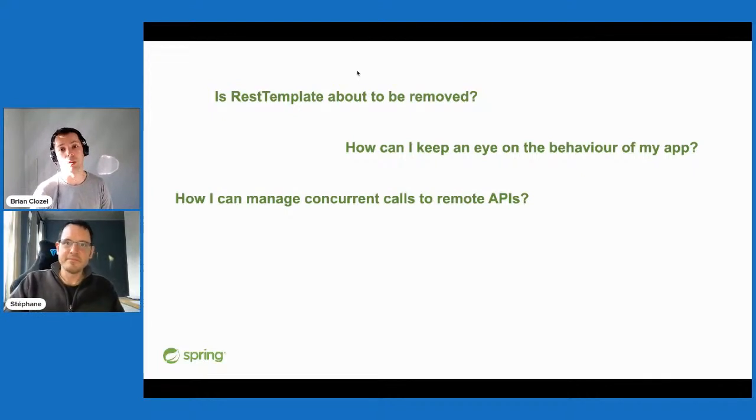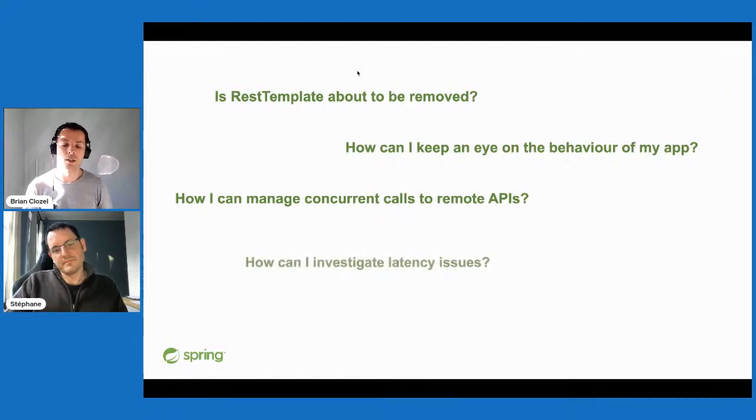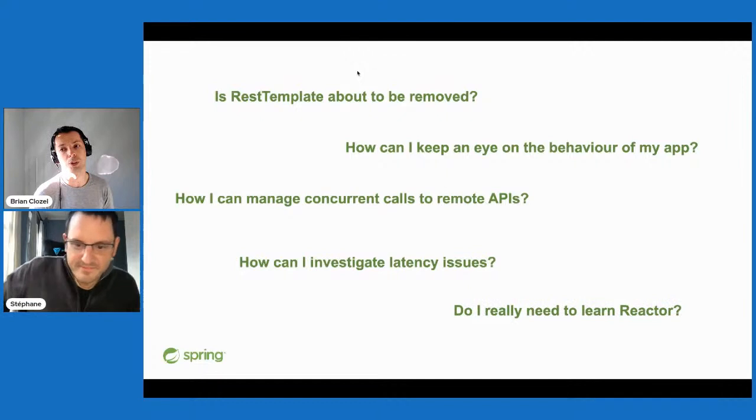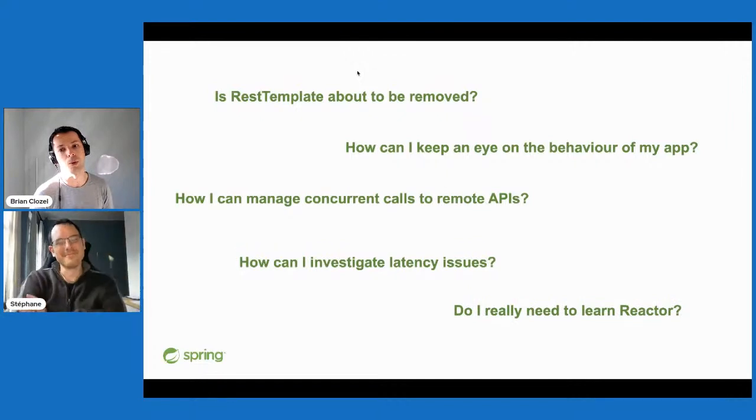It's really hard to do with RestTemplate, so it's a really hard problem to achieve. And how can I investigate latency issues? And as you're probably getting the hint that we're throwing here, you probably wonder, do I really need to learn about Webflux and Reactor because it's really frightening? We'll try to answer all of them, and you'll see during that talk how we can do that.